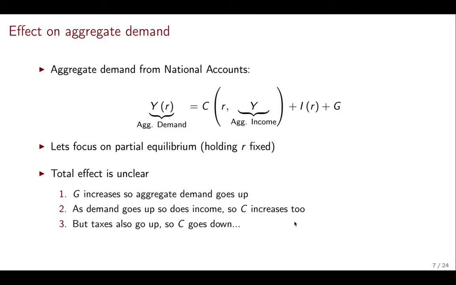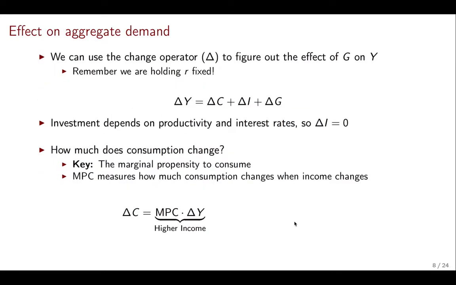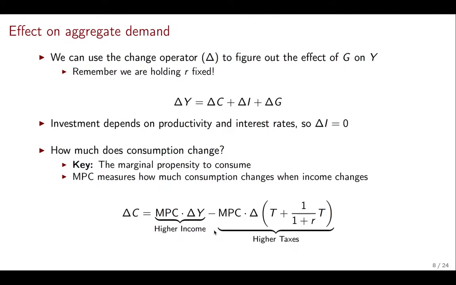Okay, let's see then how to use that. We know that the change in consumption is going to be equal to the marginal propensity to consume times the change in income. Okay, that's going to increase consumption. But we also know that there is going to be higher taxes, and taxes are going to decrease the income of the consumer. And so the consumption change is going to be lower the more these taxes go up.